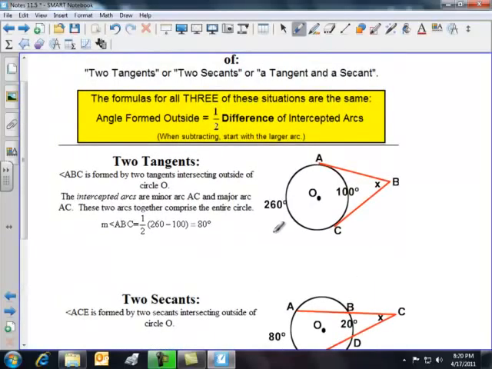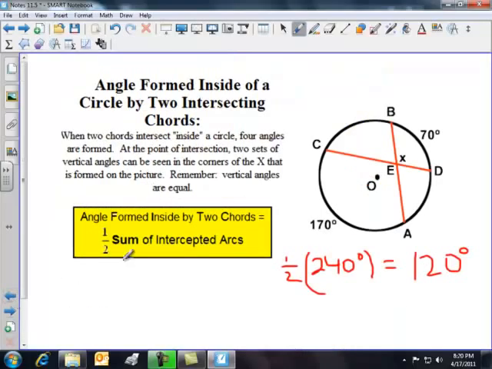What you'll notice here is that in every single situation, the measure of that angle is equal to, you might want to write this down, half the difference of the intercepted arcs. Notice that it says half the difference of the intercepted arcs. If you look at the slide before this, it was half of the sum of the intercepted arcs.